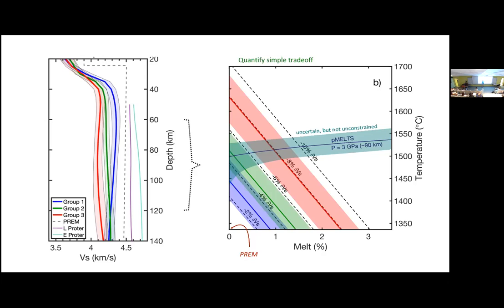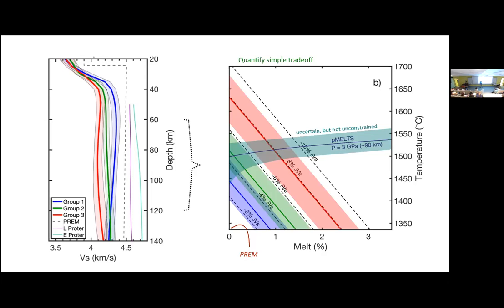But I would argue that it's not unconstrained. So you can put in your own, right? We gave you this little figure. You can put in your own melting curves, whatever you want, and you will get some overlap between these groups with their own internal uncertainties, and these curves and their uncertainties. And that circumscribes the region of temperature and melt fraction space that obtains beneath these regions.